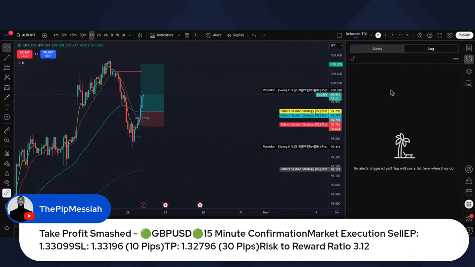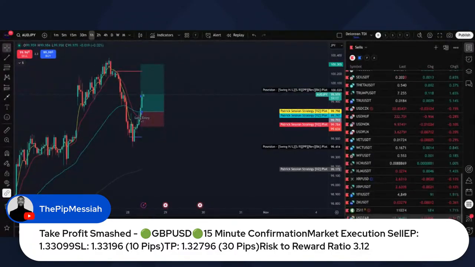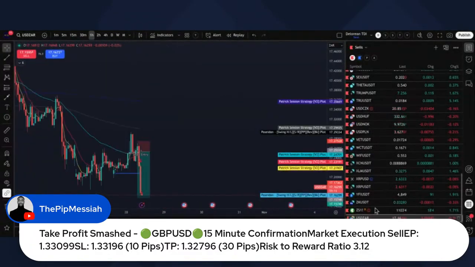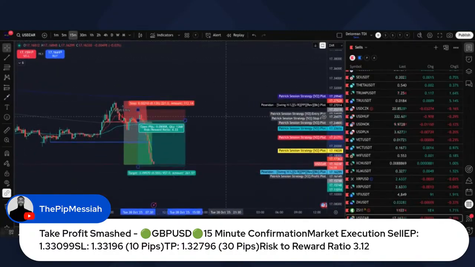United States dollar versus South African rand. Let's take a look at that. We're in the sell. Close, but not quite there yet. So I'll call this out in the signals channels if it does hit take profit.